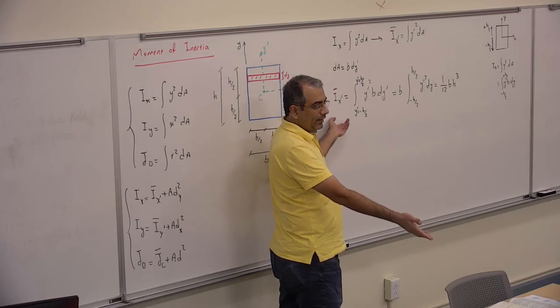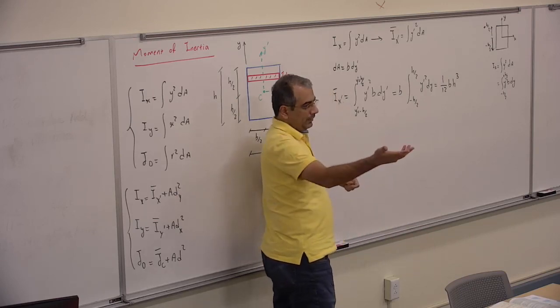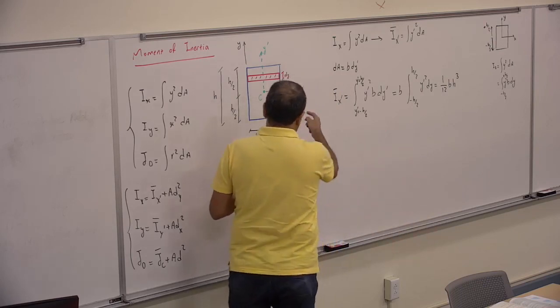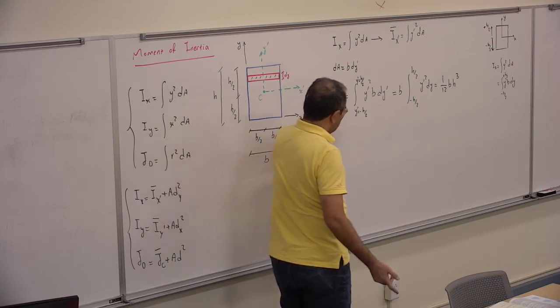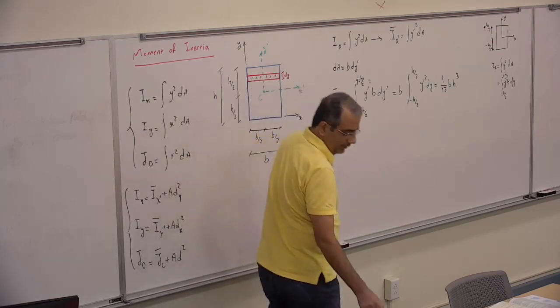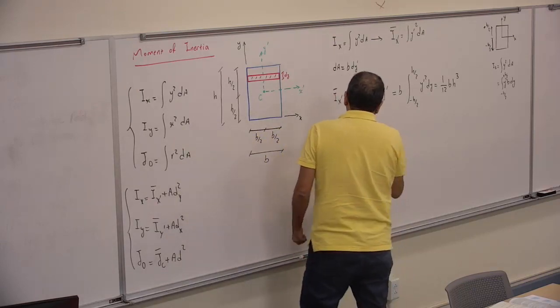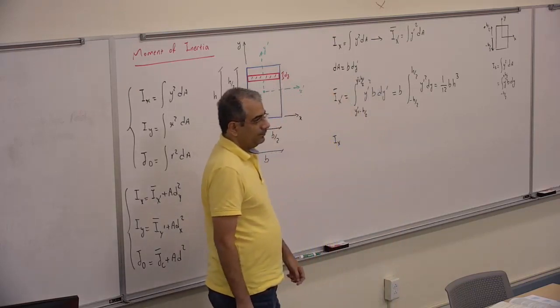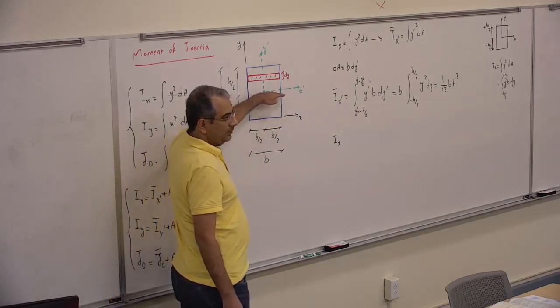And then we are asked to calculate the I about any given axis. Let that axis be x. This is known, the I about the x prime.